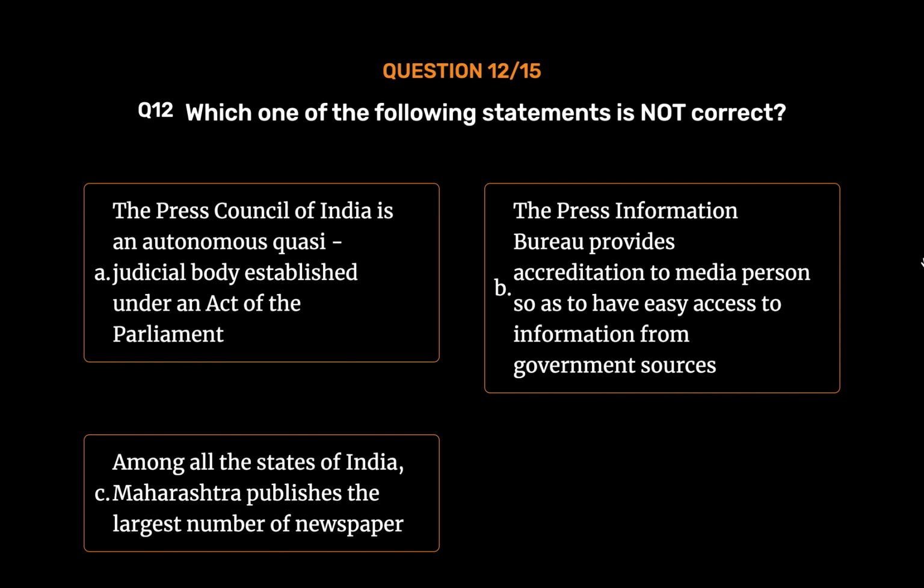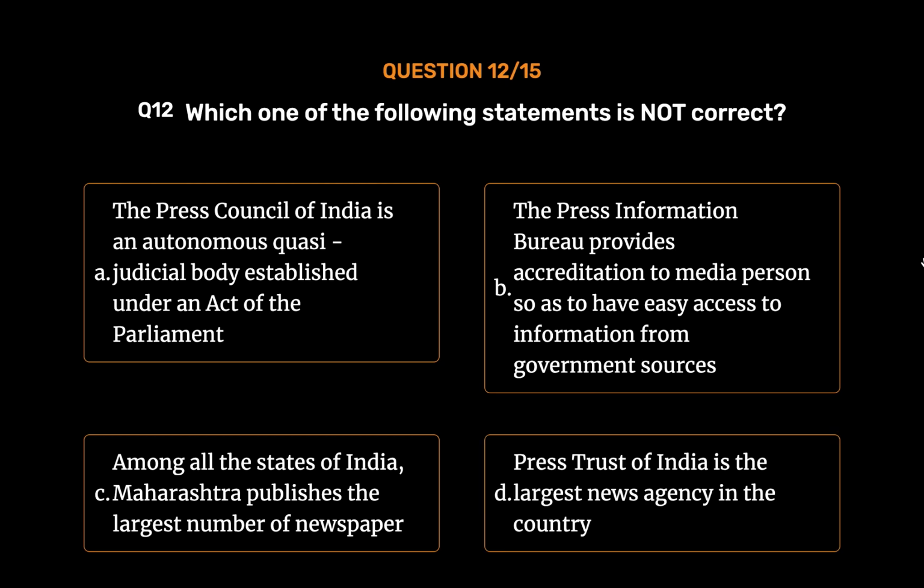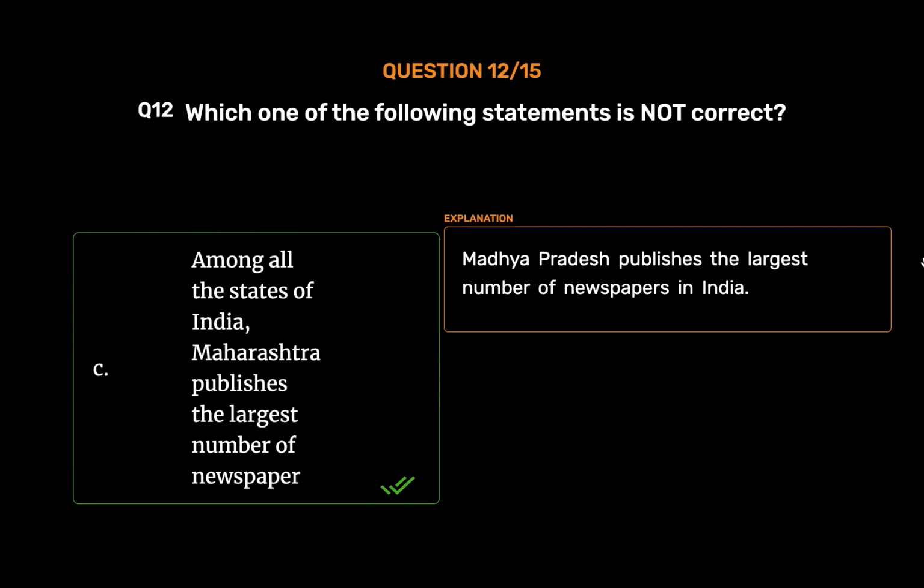Option C. Among all the states of India, Maharashtra publishes the largest number of newspapers. Option D. Press Trust of India is the largest news agency in the country. The correct answer is option C. Among all the states of India, Maharashtra publishes the largest number of newspapers. Madhya Pradesh publishes the largest number of newspapers in India.